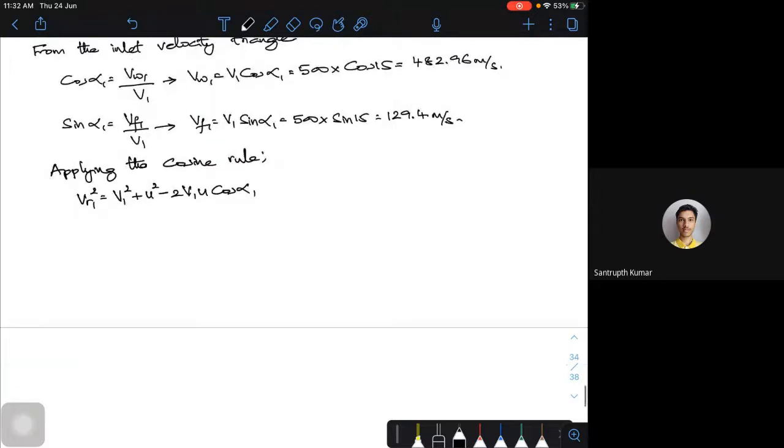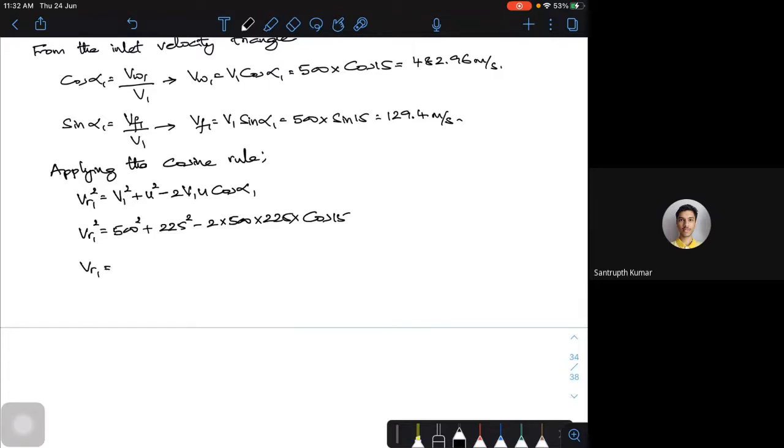Now all the values I know: V1, U, alpha 1. Substituting, VR1 square is equal to 500 square plus 225 square minus 2 into 500 into 225 into cos 15, and take the square root of that value, you will get your VR1.